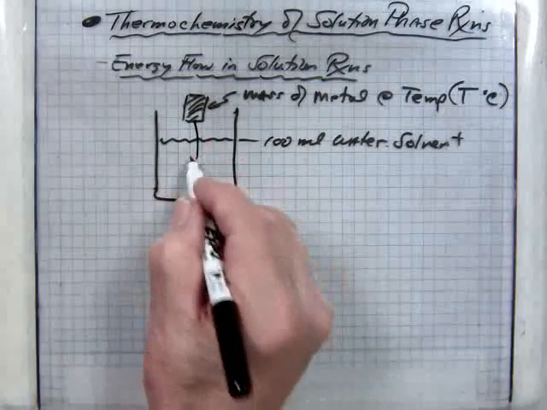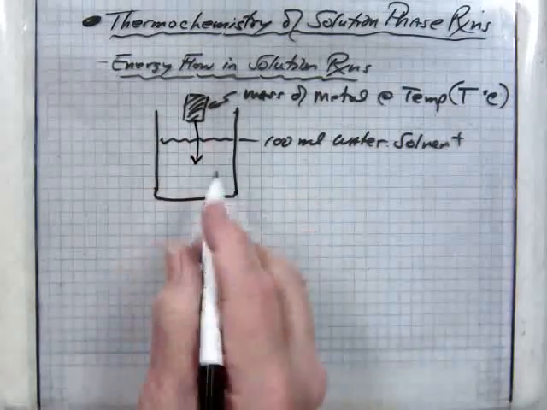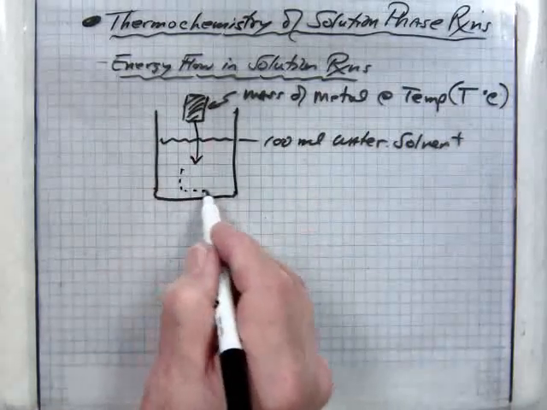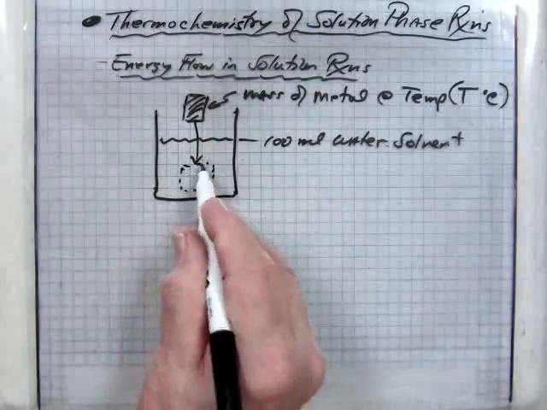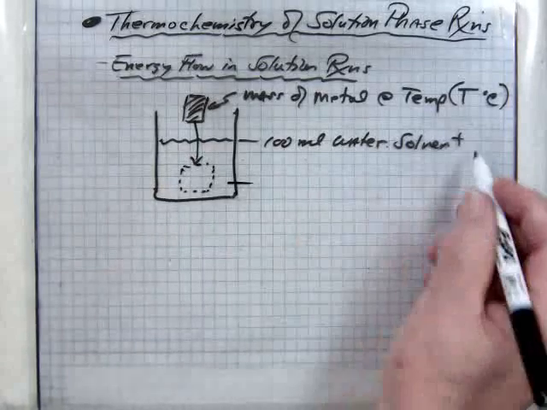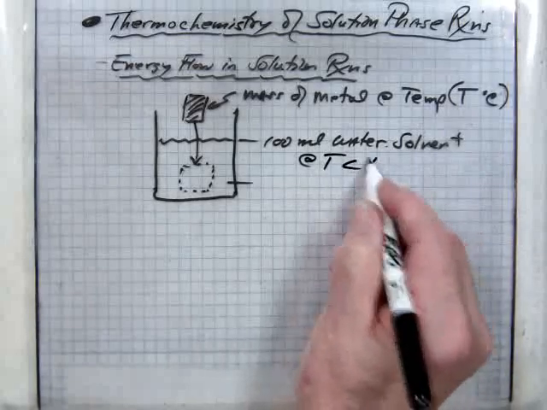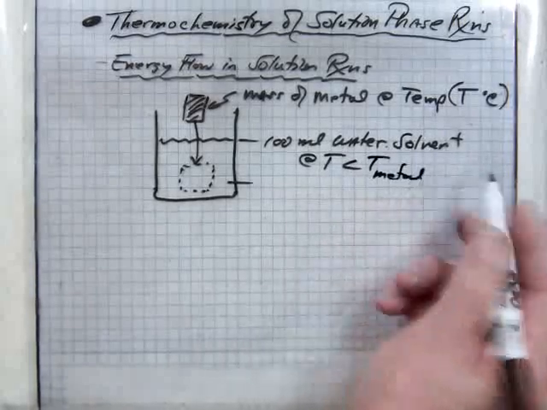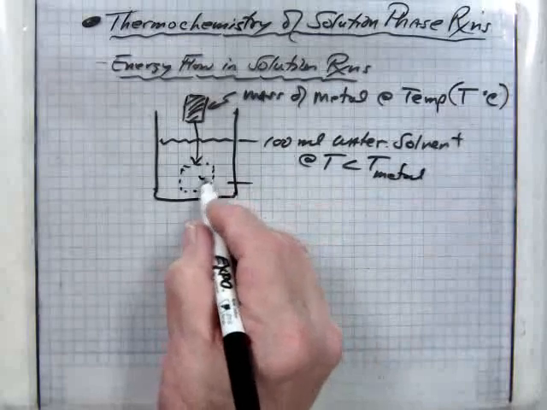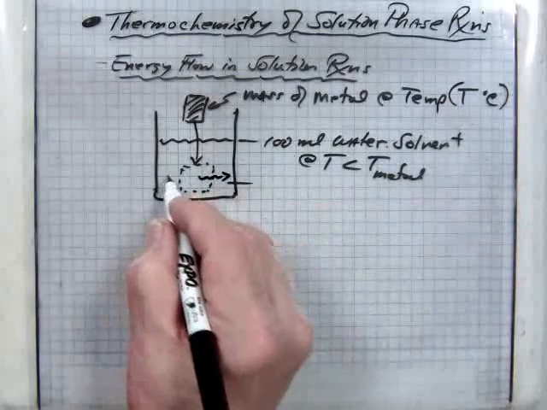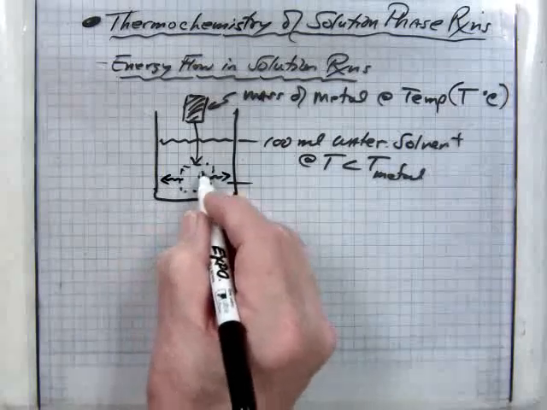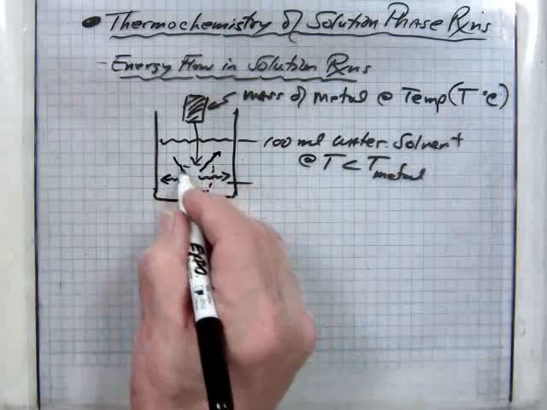So this goes down into that, and so now the block is in the water, and so this is water solvent at temperature less than T of metal. So what's going to happen is the energy is going to flow out into the water.